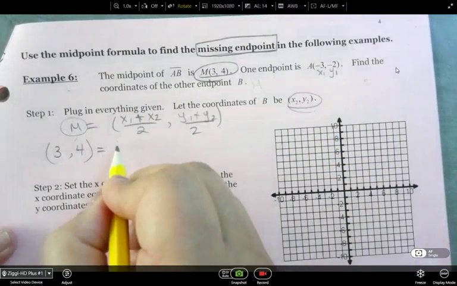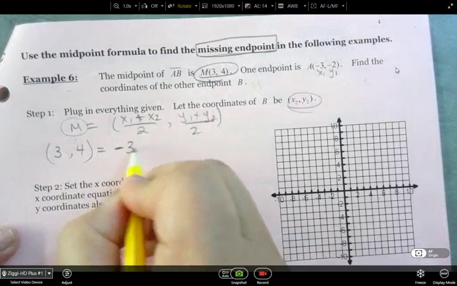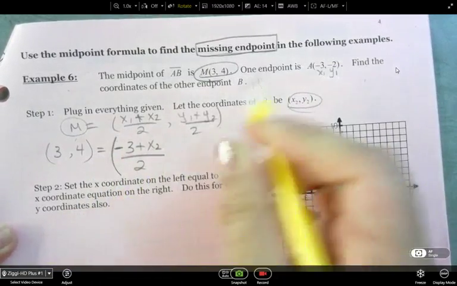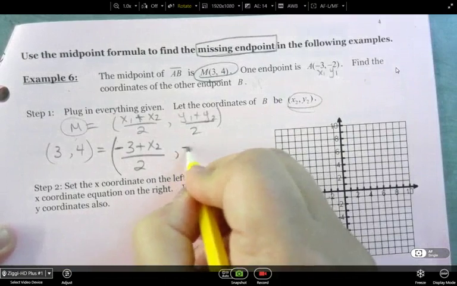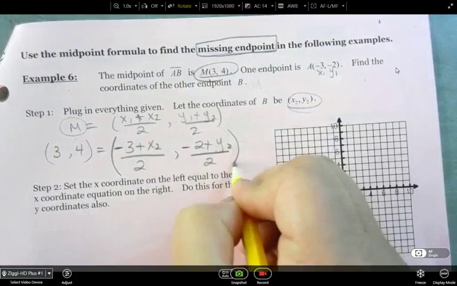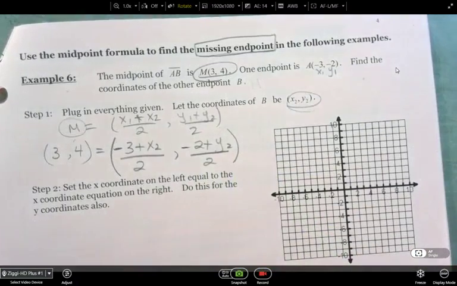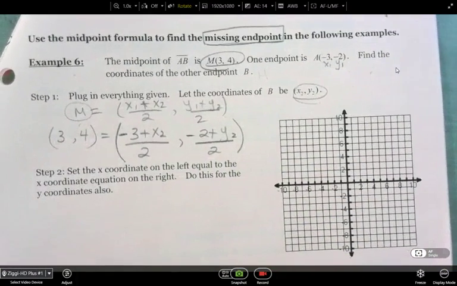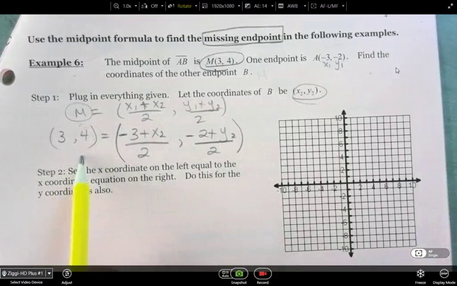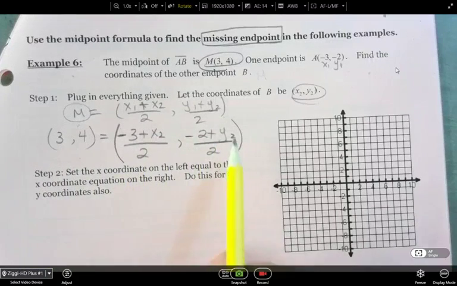So what do we end up with here then? -3 plus x2 over 2, and then -2 plus y2 over 2 is how I get the y values. Now, that's saying that this point here should be equal to this point here, right?